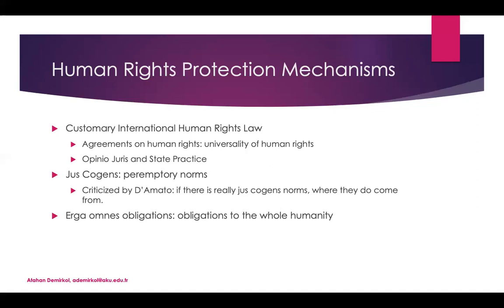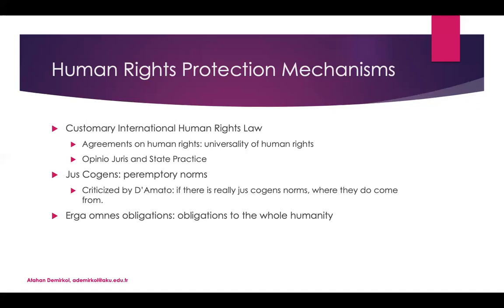And when we create customary international human rights law, we create the jus cogens and erga omnes obligations. So jus cogens norms are peremptory norms. These are the norms you cannot discuss, you cannot stand against, you cannot criticize. Yes, you can criticize, but you cannot act against these rules.